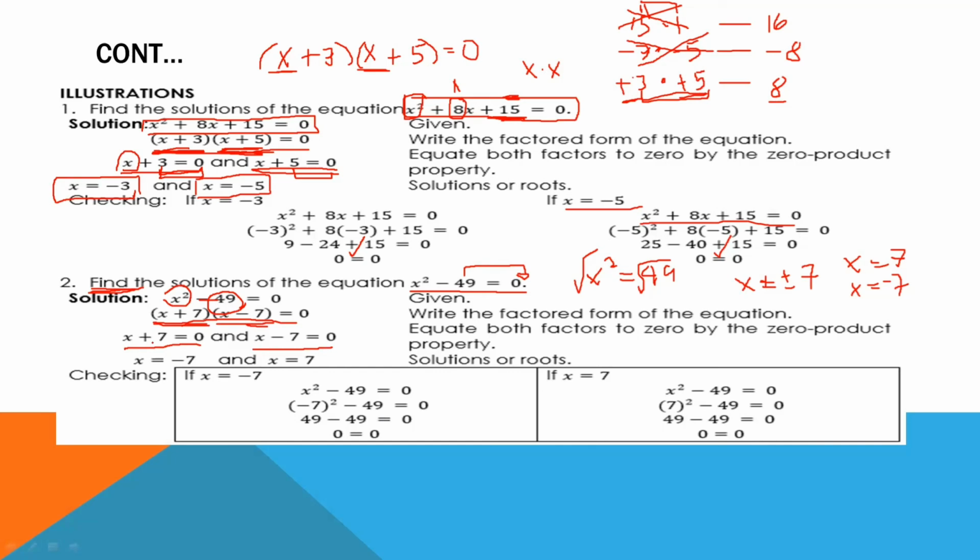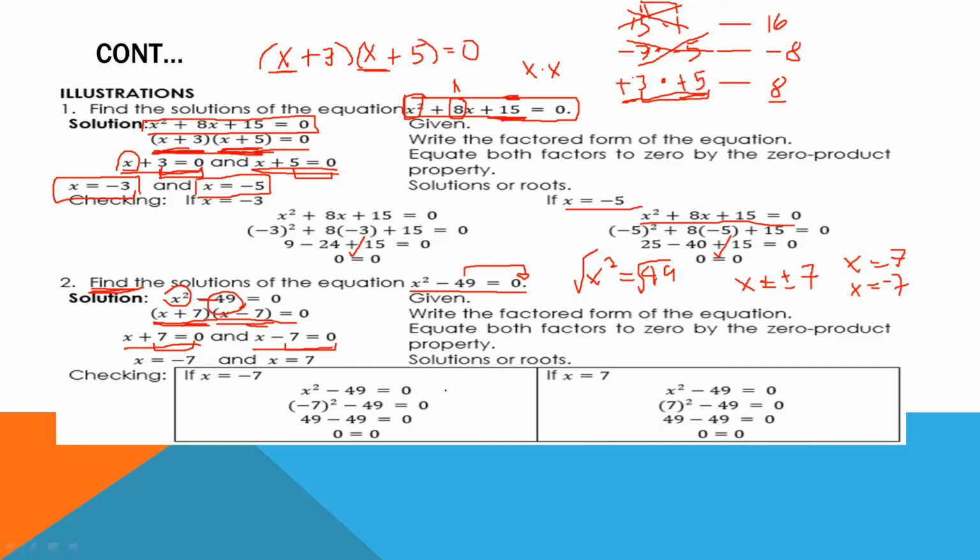Then after that, we are going to transpose: x is equal to negative 7 dahil nag-transpose tayo ng positive 7, magiging negative 7. And the other one is when we transpose negative 7, magiging positive 7. So therefore, the solutions that we have, or the roots, are x is equal to negative 7 and x is equal to positive 7.